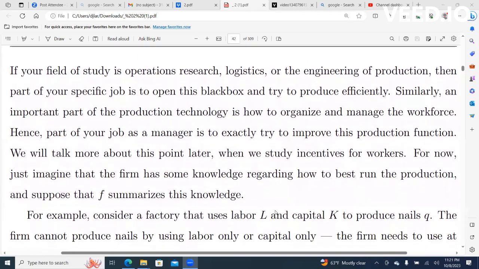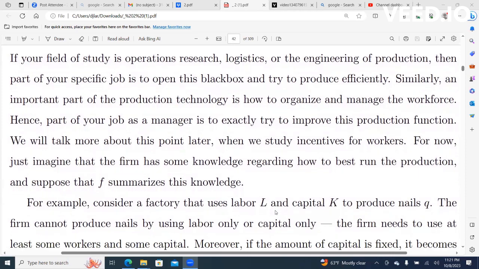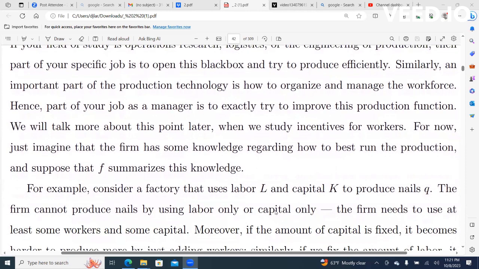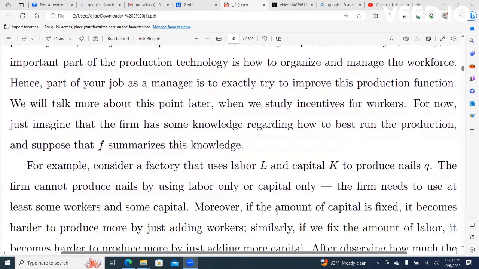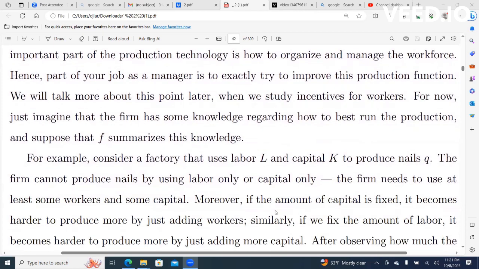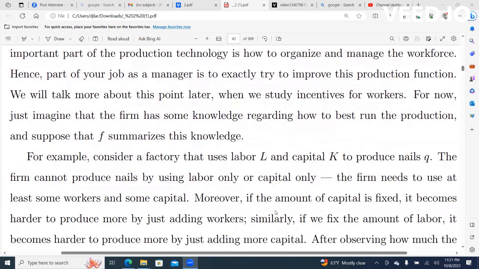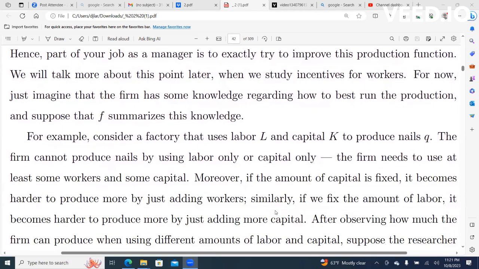Hence, part of your job as a manager is to try to improve the production function. We will talk more about this point later when we study incentives for workers. For now, just assume that the firm has some knowledge regarding how to best run the production, and suppose that F summarizes this knowledge, the quantity function that we were just talking about.